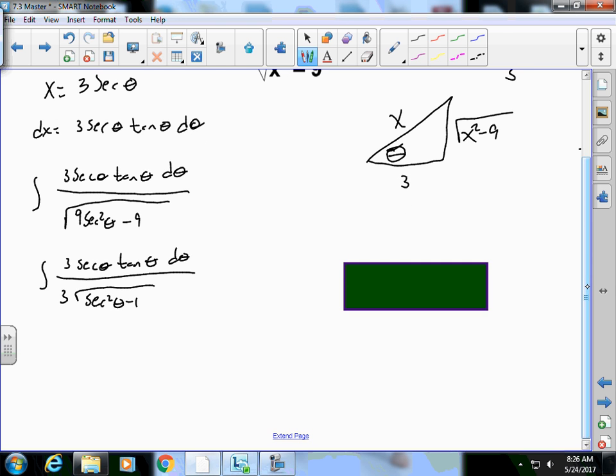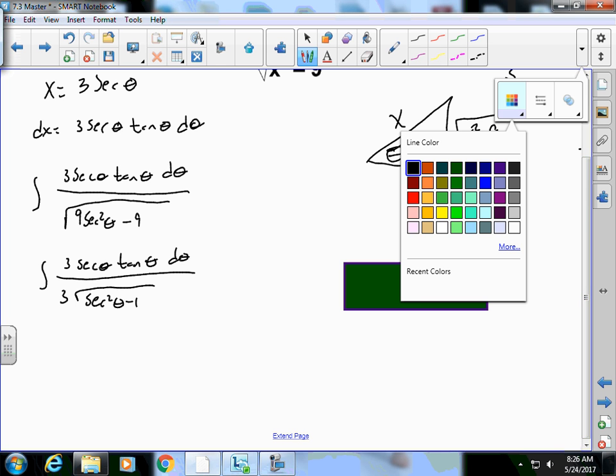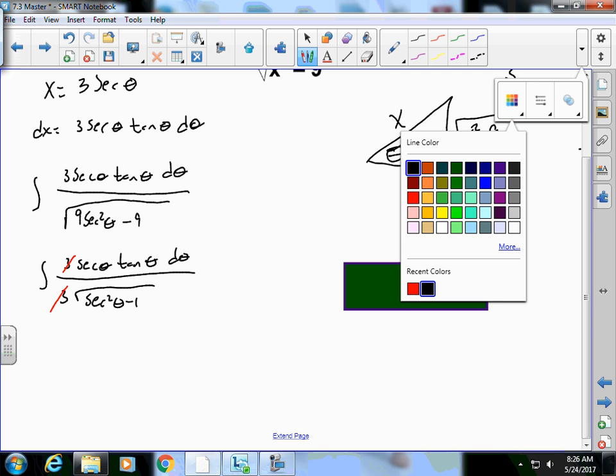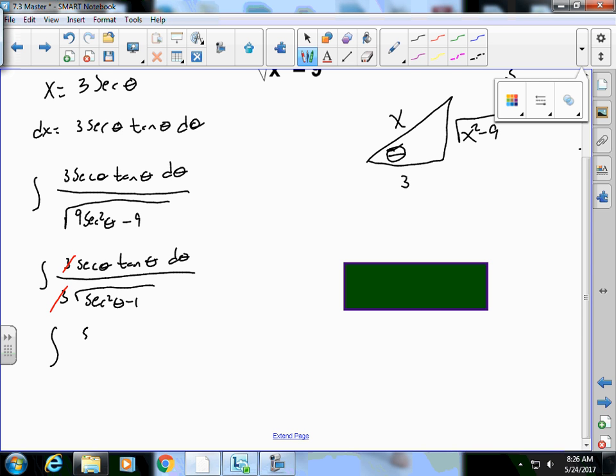We can then cancel out the 3's and rewrite what's in the square root. Secant theta tangent theta d theta. Instead of secant squared theta minus 1, let's write tangent squared theta. Take the square root of that.